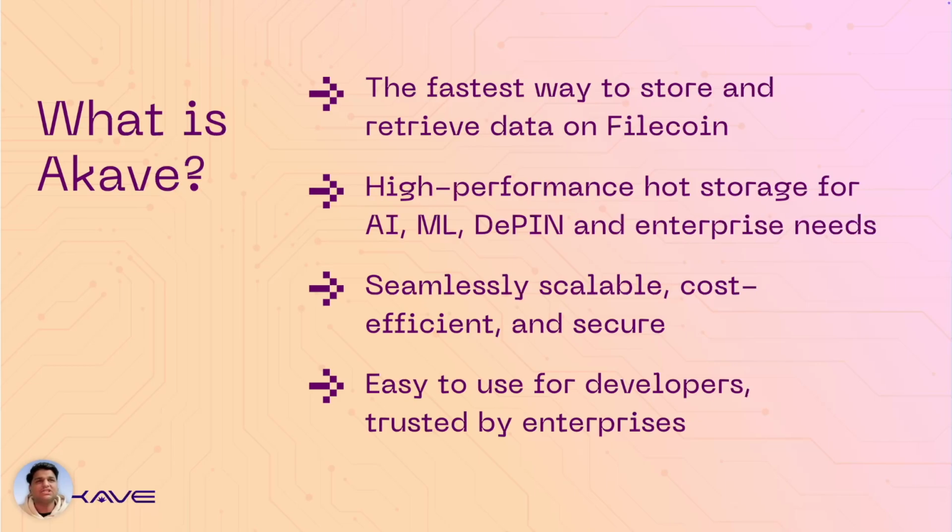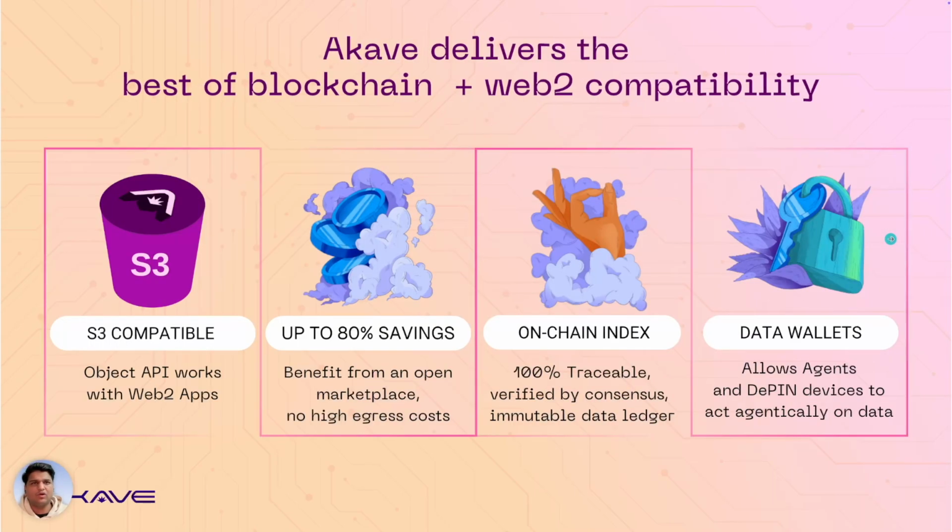Akave is one of the fastest ways to store and retrieve data on Filecoin. With a high performance hot storage layer, all your needs for AI, ML, and deep data can be fulfilled by Akave.